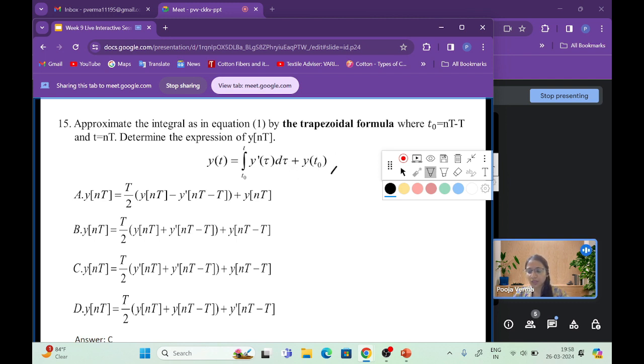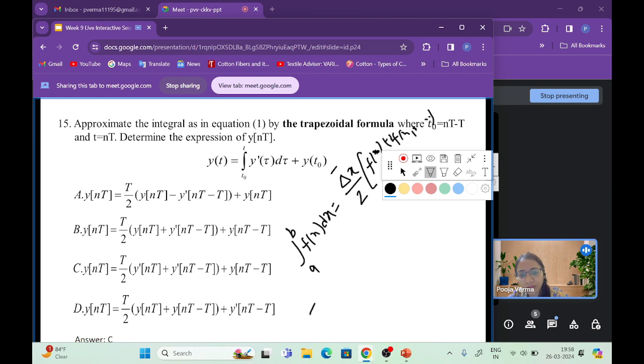So as we know the trapezoidal formula, it is given like this: the integral of f of x dx is approximately del x divided by 2 times f of x naught plus 2 f of x1, and so on.